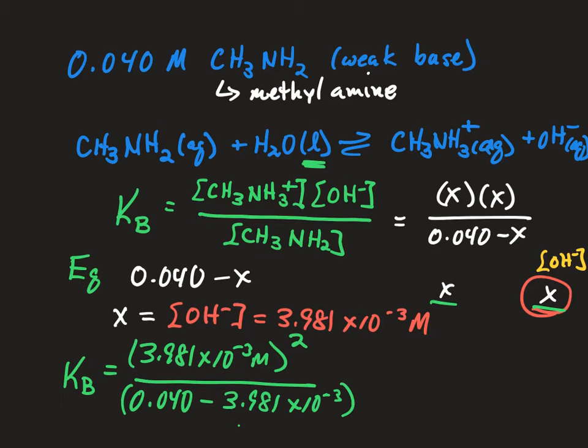And since we're in an equilibrium constant expression, we don't really have to show the units, because these are technically activities, which come out unitless. So when we do our math, we get approximately 4.4 times 10 to the minus 4 as the Kb for our weak base.